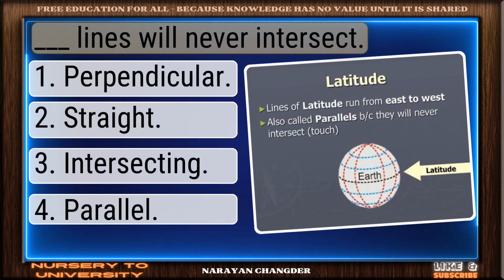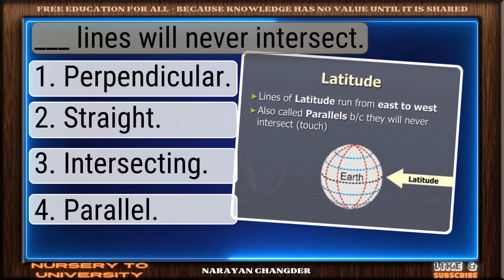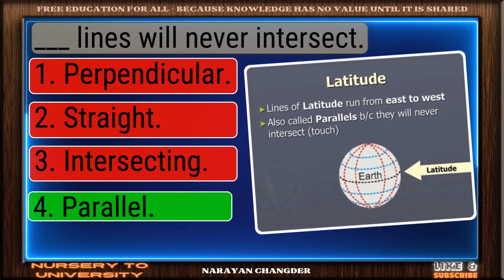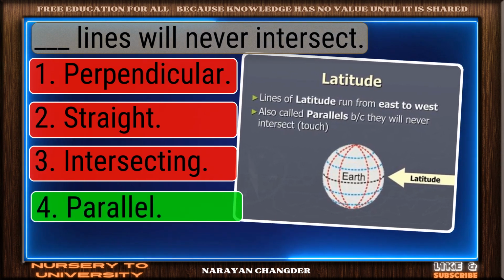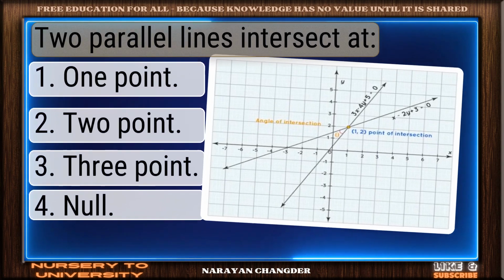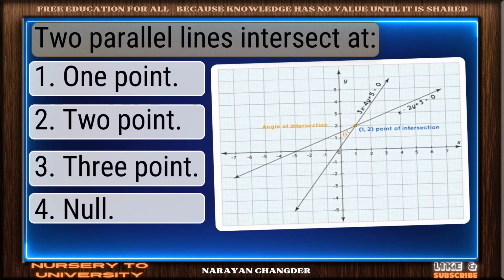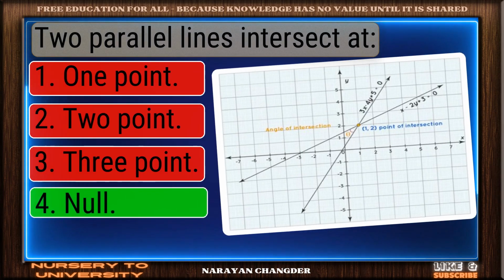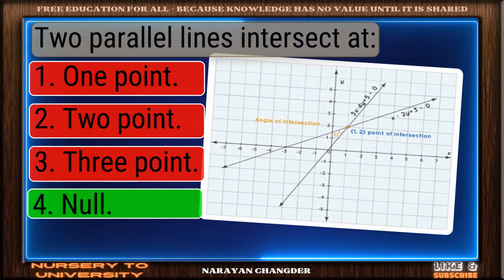Question number 271. Dash lines will never intersect. Well picked. Parallel is the correct answer. Question number 272. Two parallel lines intersect at. You chose null, and it is correct.